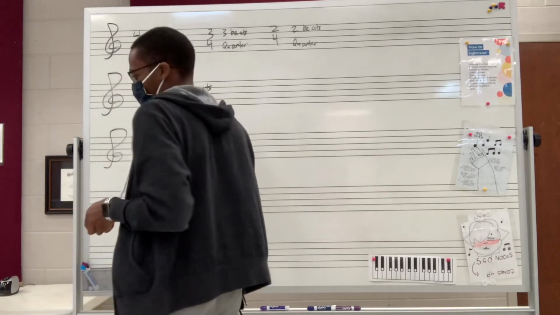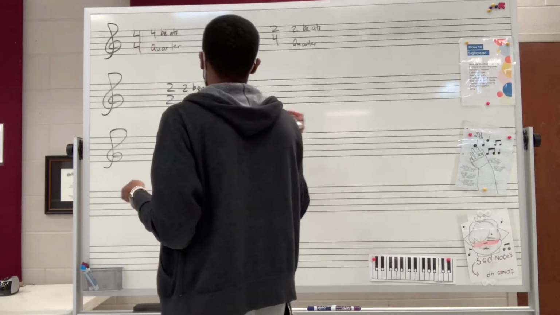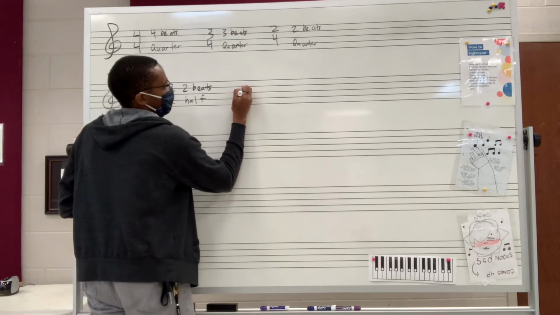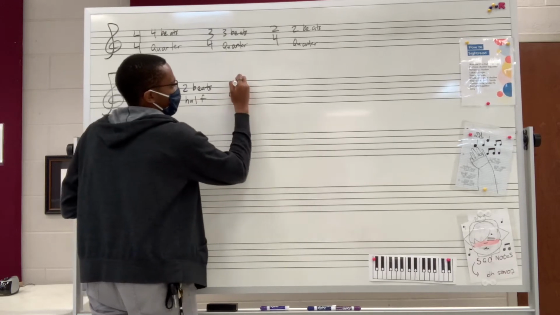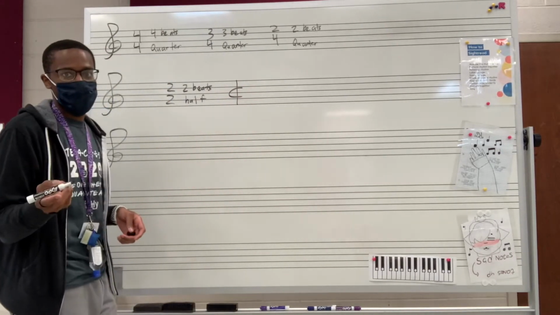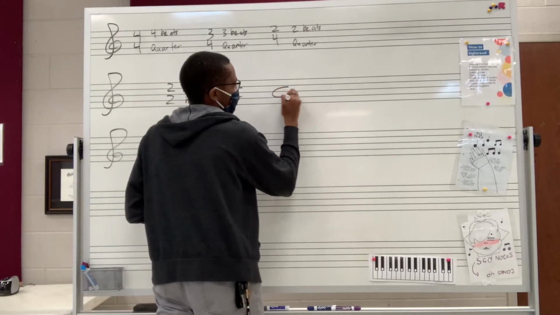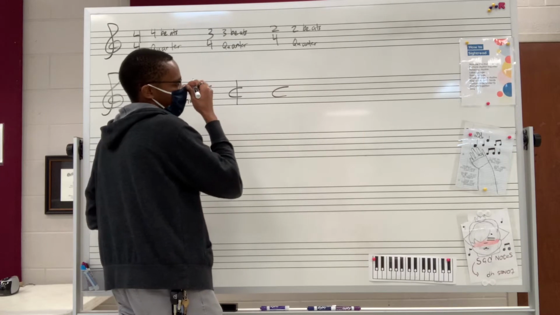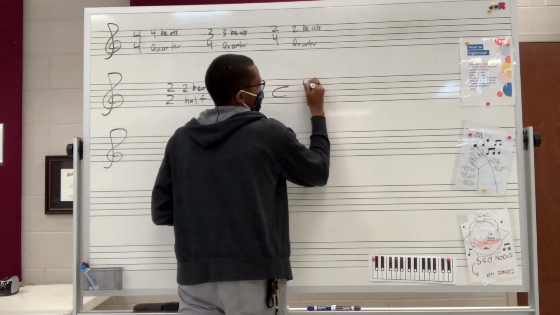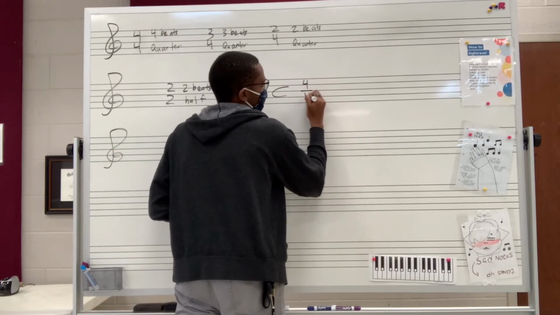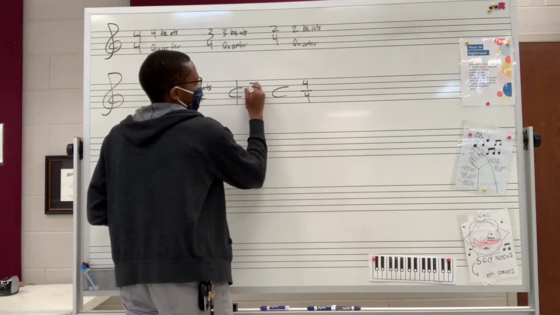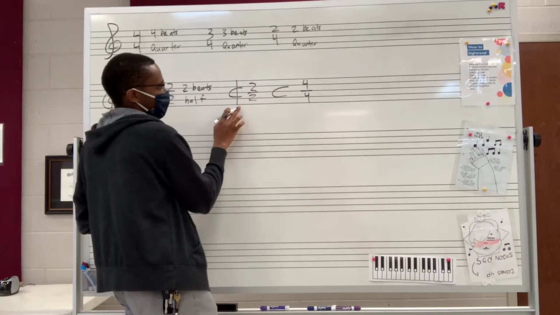There's another way of depicting this, which we call cut time, which sometimes you'll see like a C with a line through it. That's what we call cut time. There's another one that looks pretty similar, which is just a normal C, and that is just 4/4. That's what we call common time. So cut time is 2/2.